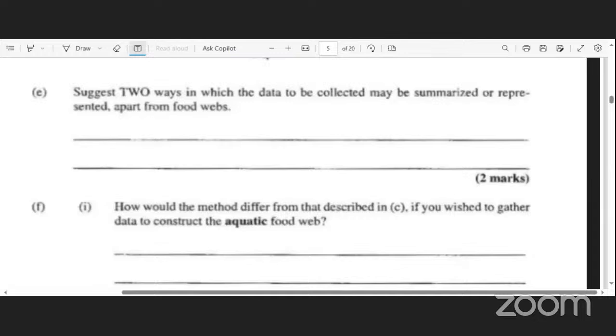So Karima is giving us different columns: the name of organisms, how many times the quadrat was thrown, total number of organisms. All right.